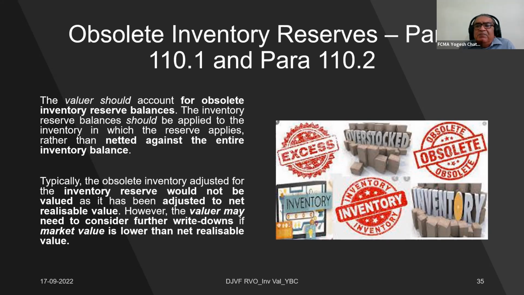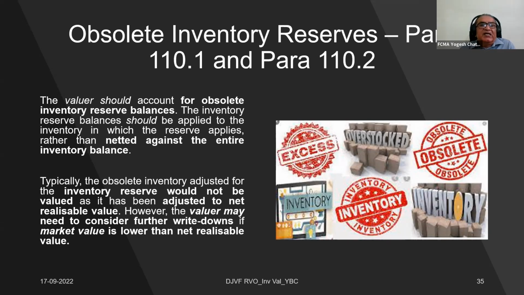In a big company, we can take an FMCG company. An FMCG company will be dealing in multiple products, 10, 20, 50. So here that guidance is provided: whatever reserve is there for obsolete inventory should be applied to that particular item of the inventory instead of applying it to the entire cost of the inventory, which can consist of multiple items.